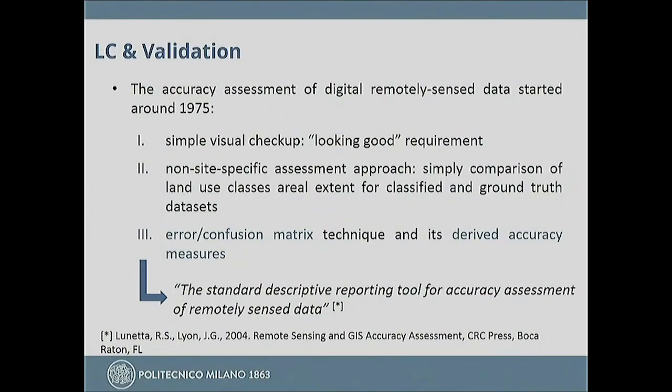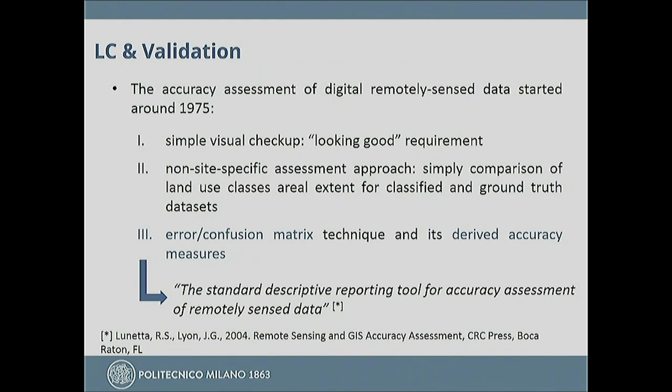Okay, so we are speaking about validation, so it is better first to ask ourselves what we mean when we speak about validation of a land cover map. The meaning of validation, or the way of validating the map, has changed over the years.